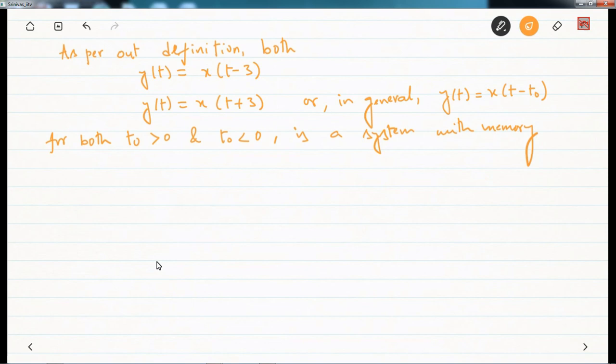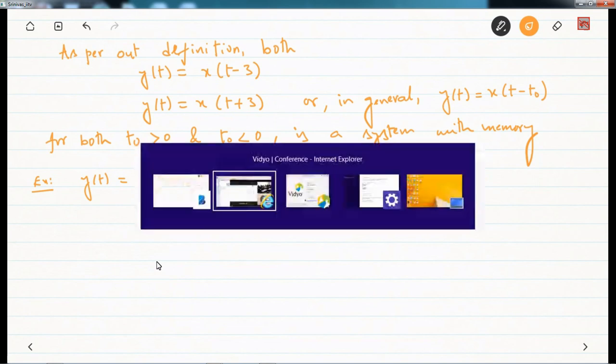And say, let's take another example: y of t is the integral from minus infinity to t of x of tau d tau. So what is this system? A system with memory, or a memoryless system? Now you can say this readily, right?